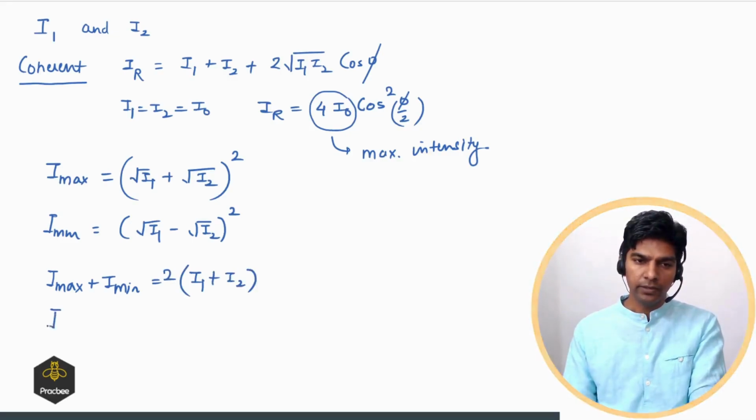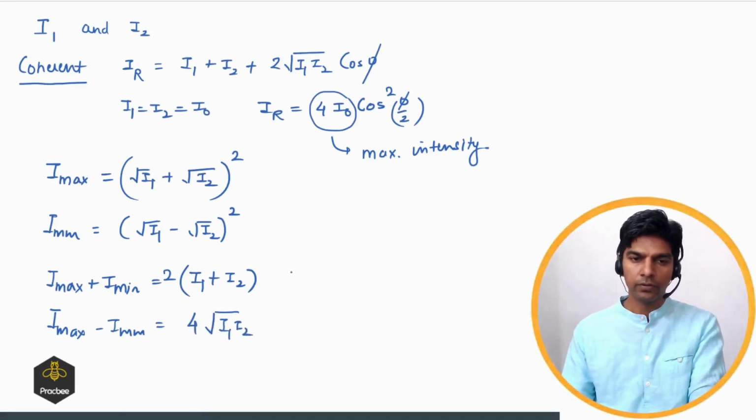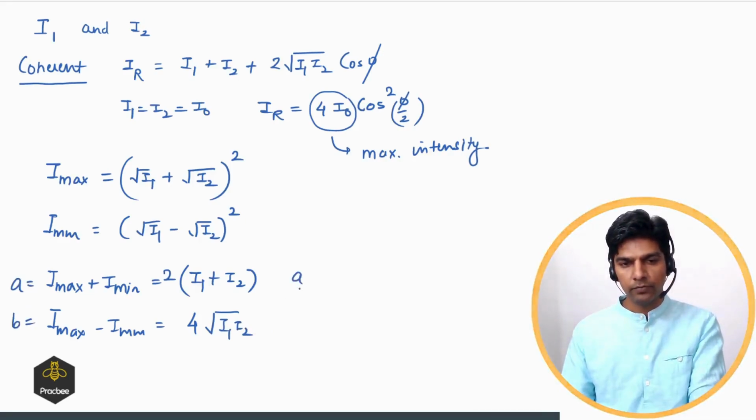And if we subtract these two, then it will become 4 times root I1 I2. If I call this A and this B, then what is A by B? It will be I1 plus I2 upon 2 root I1 I2.